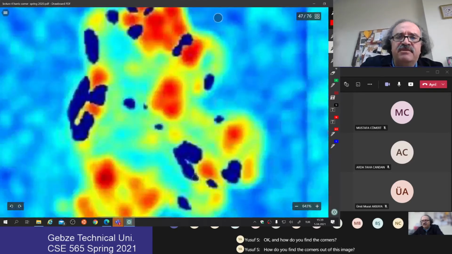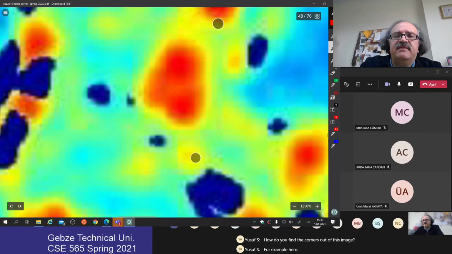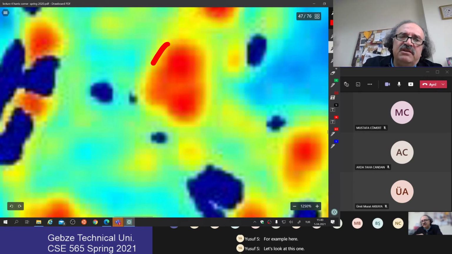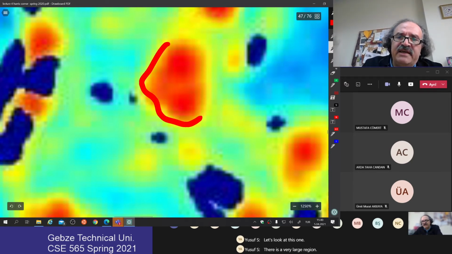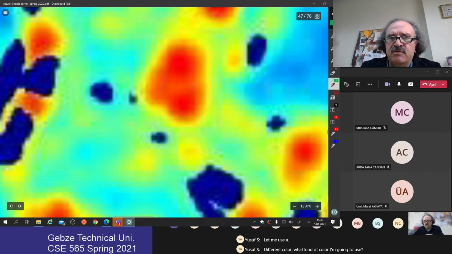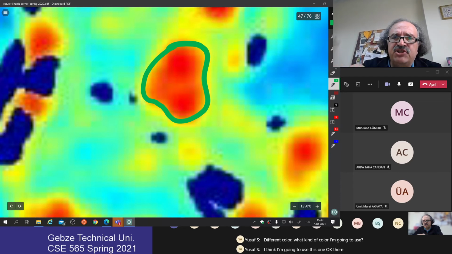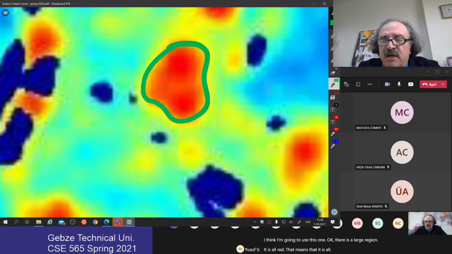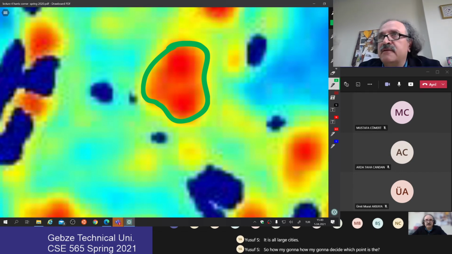For example, here, let's look at this one. There is a very large region. Let me use a different color. I think I'm going to use this one. There is a large region. It is all red. That means it is all large C's. So how am I going to decide which point is the corner?